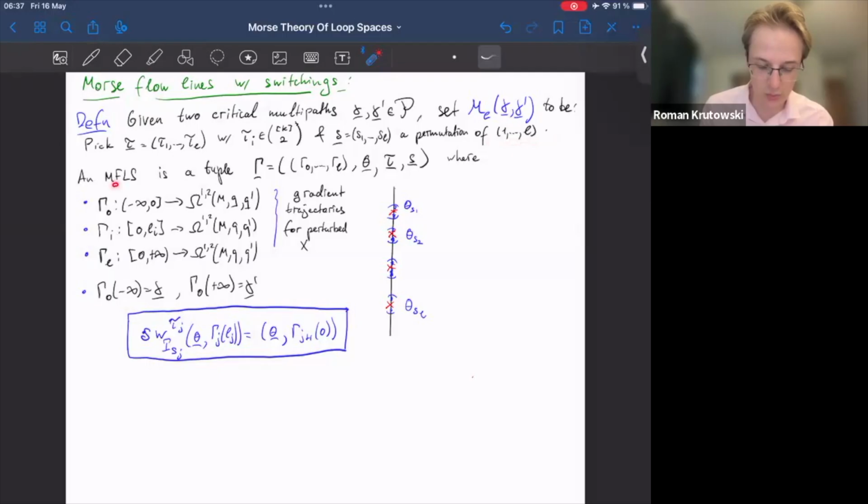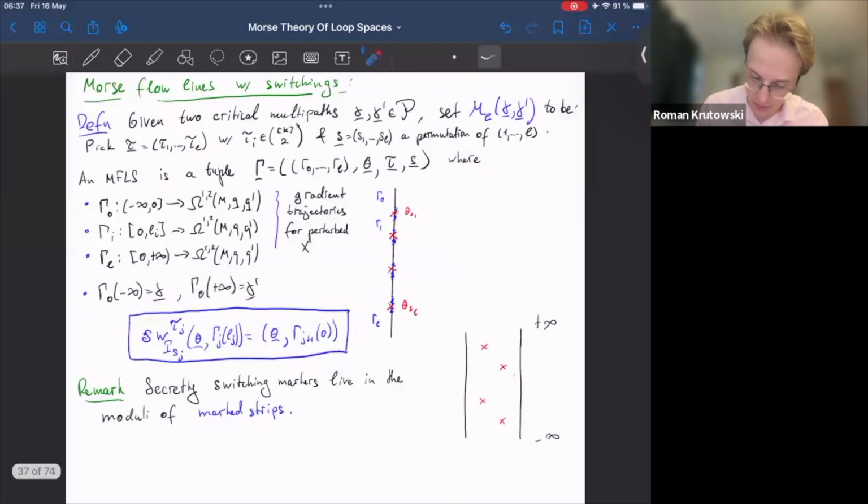Then a Morse flow line with switchings is the following tuple. First of all, there are L plus 1 gradient trajectories. Here is how they go. There is this gamma_0 piece, then there are L minus 1 finite length pieces, and there is another semi-infinite piece. These are gradient trajectories for the perturbed x that we fixed in the beginning.